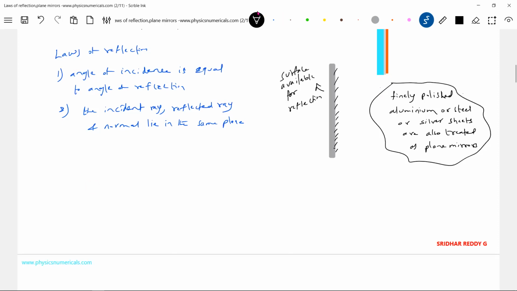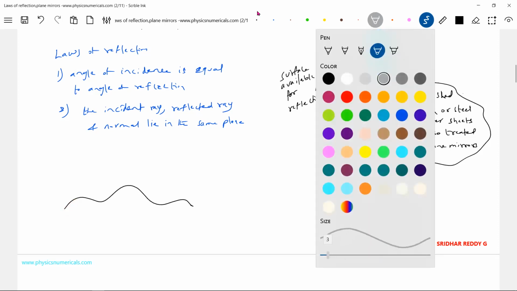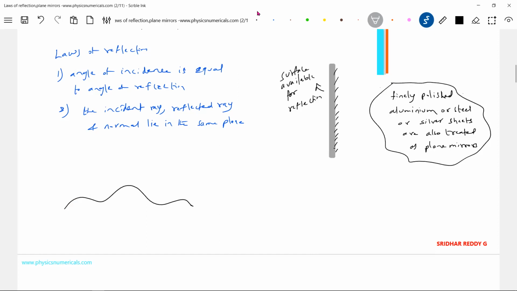Even if the surface is silvered, or suppose the surface is like this, then how do we define the laws of reflection?